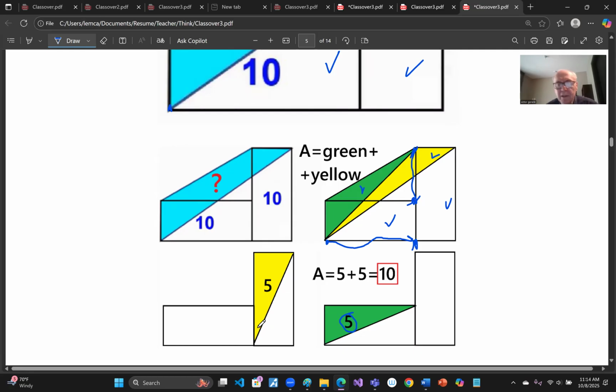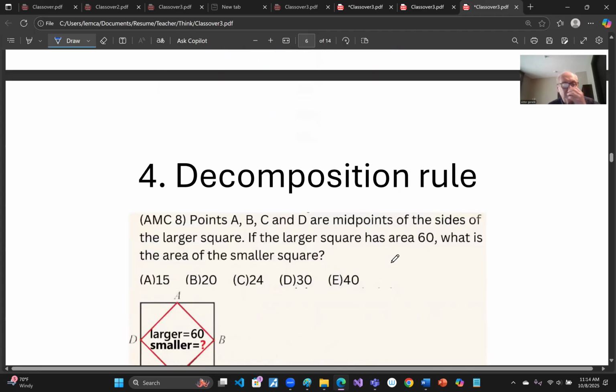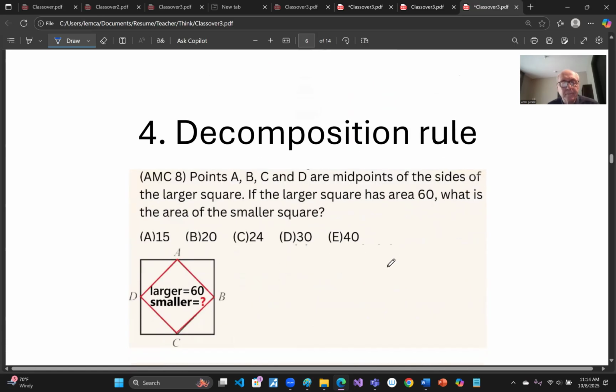And at that moment, we understand that its area is equal to 5, and the area of the blue region is 10.